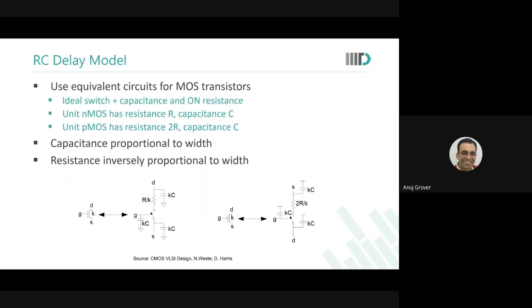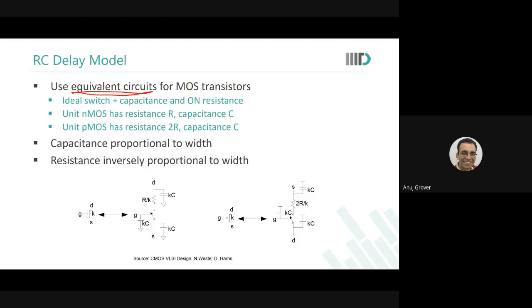Today, what we will start to move towards now is what we call delay estimation through equivalent circuits. Okay, equivalent sizing or something like that. So if you look at an inverter, it has an NMOS and a PMOS.